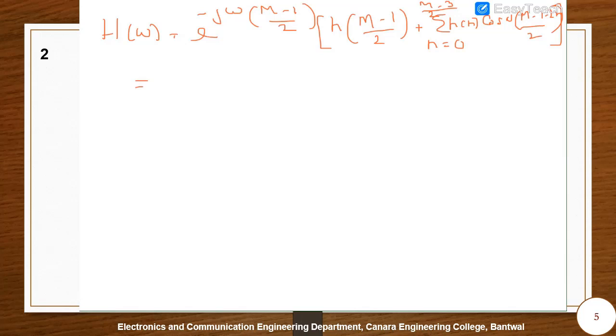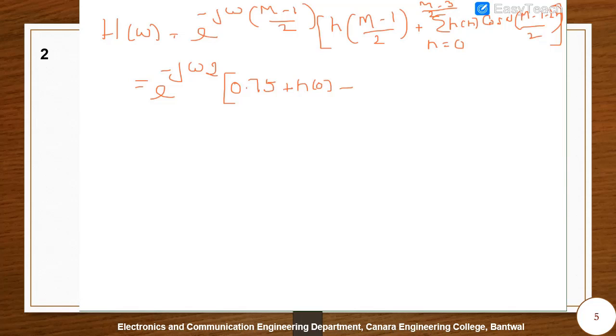This gives me e to the power minus j omega 4 divided by 2, so it is 2j omega. h of m minus 1 by 2 is 0.75 plus it is h of 0 times cos omega.